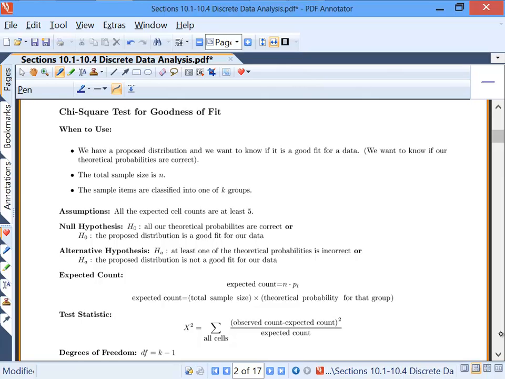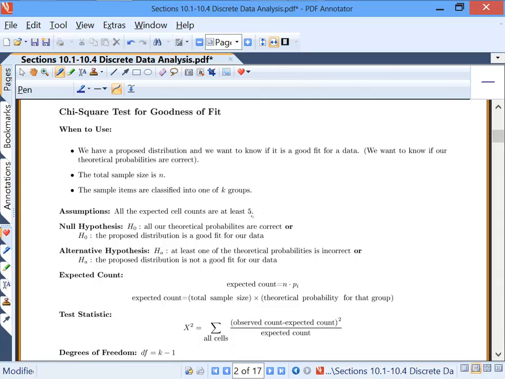The assumption is that all the expected cell counts are at least 5. Some books give different rules of thumb, like all at least 5 except for one, or not more than 2 of them less than 5. We'll make it easy: as long as they're all at least 5, we can do the test.